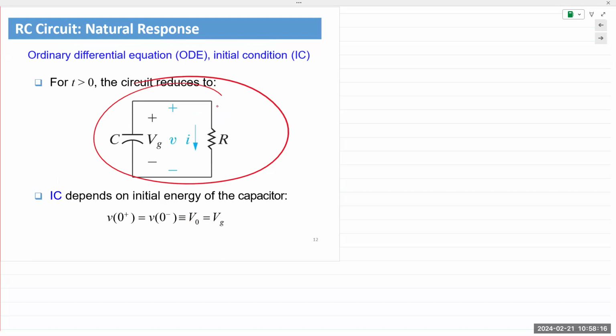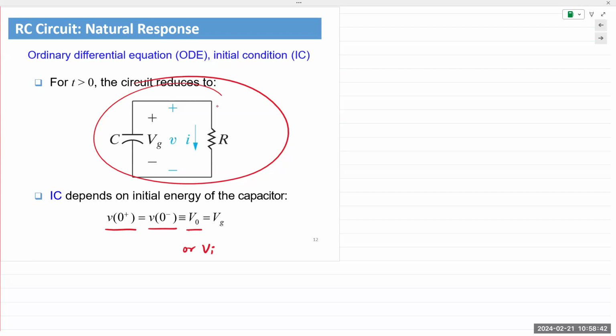So the initial conditions for this charged capacitor indicate that V at 0 plus is the same as at 0 minus. We refer to that as the initial voltage V0, or Vi if you want, which is equal to the source voltage VG. The source voltage could be anything, 1 volt, 5 volts, 10 volts, could be anything.